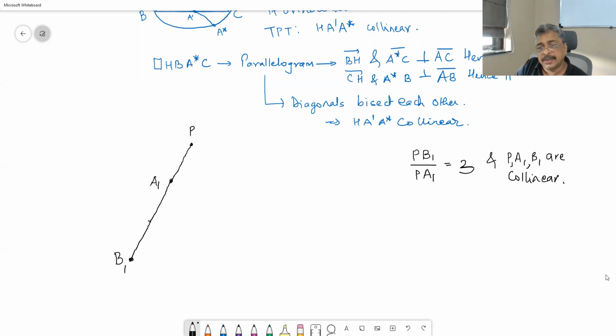If I say PC1 upon PA1 is equal to half. Fair enough. PC1 upon PA1 is half. Therefore, this must be C1.